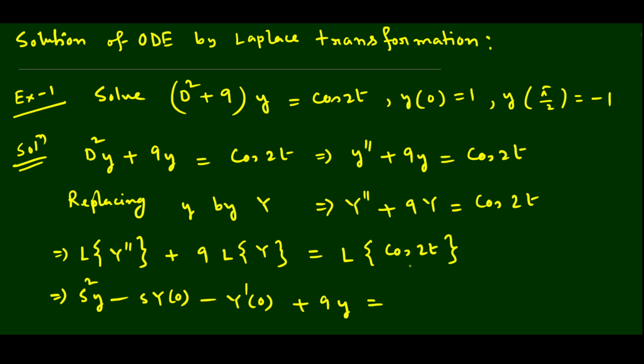And then Laplace transformation of cos 2t. We know that the Laplace transformation of cos at is s divided by s square plus a square. So here our a is 2.